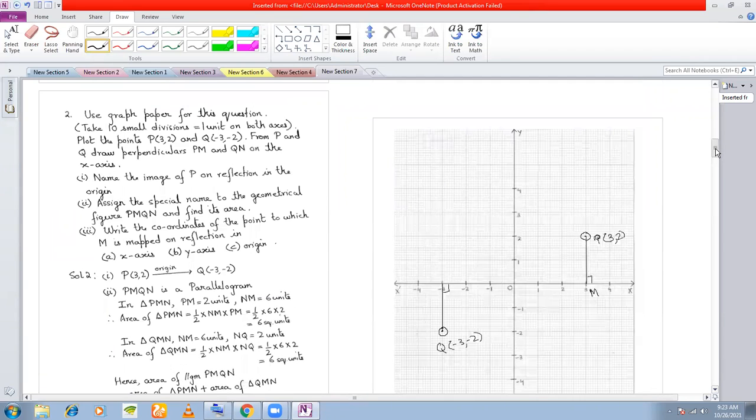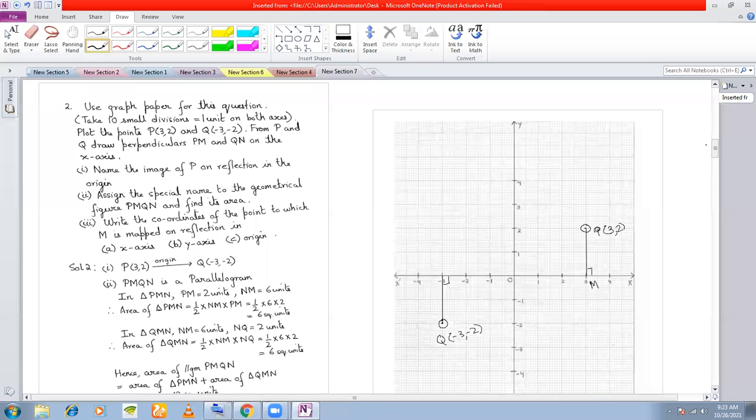Okay, next question. Assign a special geometrical name to the figure PMQN. So what you do is you join all the points. This is your point Q here. Let me write Q here. You join all the 4 points, you get a quadrilateral.